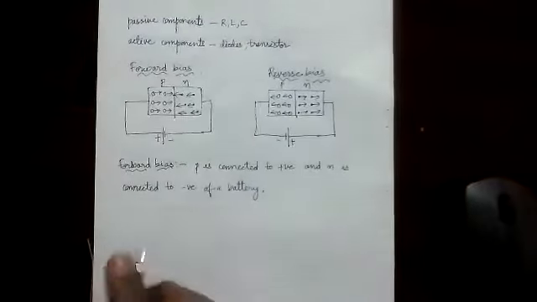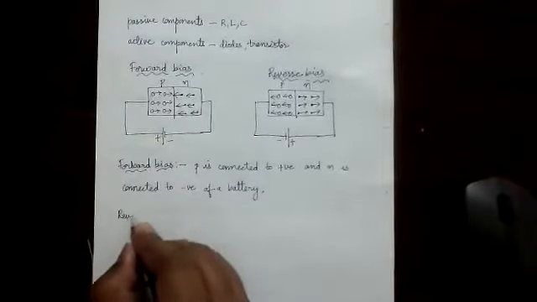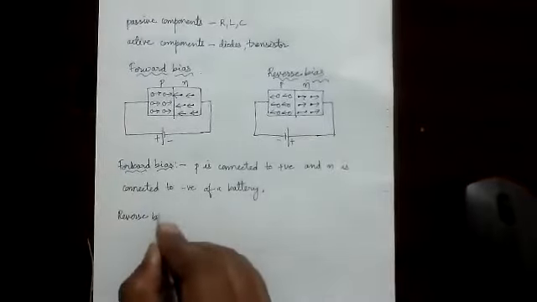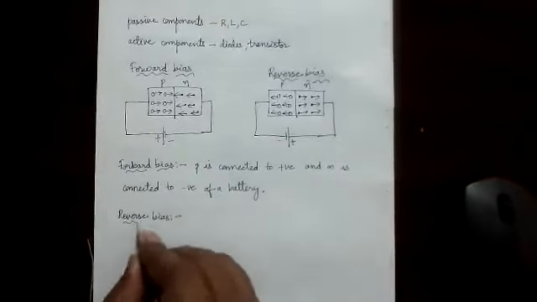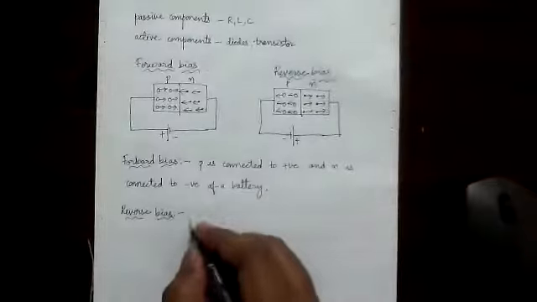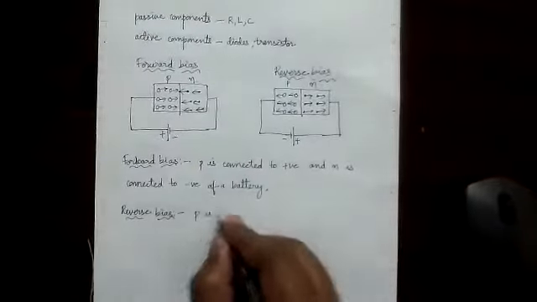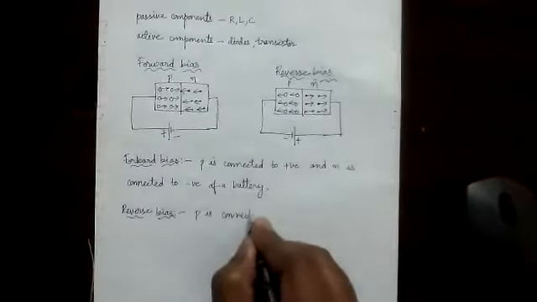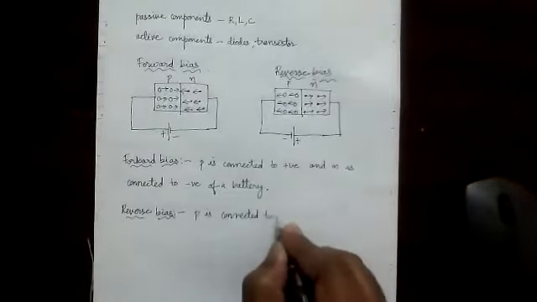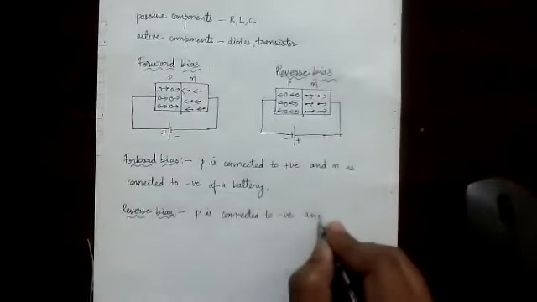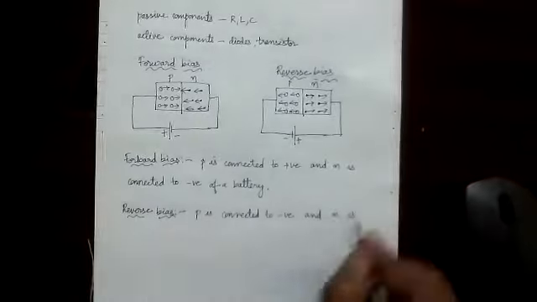So we have P connected to positive and N connected to negative of a battery. So next is what? Reverse bias. In reverse bias, what is happening? P is connected to negative and N is connected to positive.